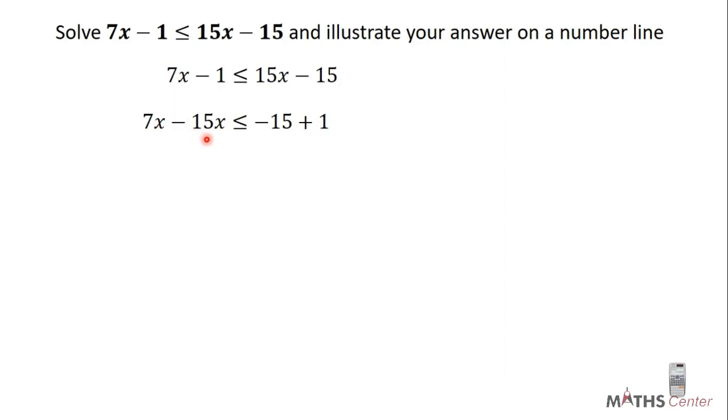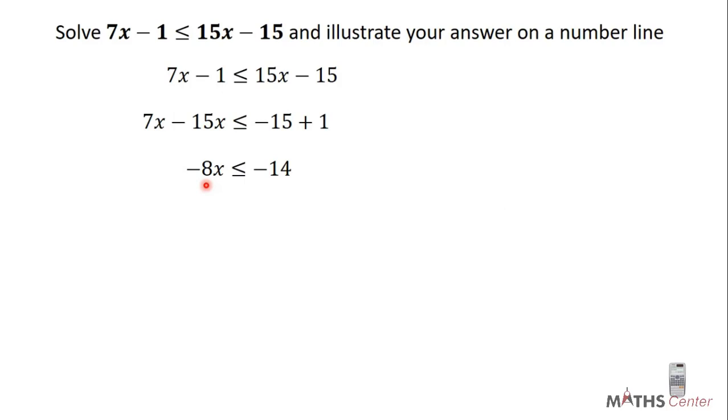7x minus 15x. If you watch the video on addition and subtraction of algebraic expressions, we know that 7x minus 15x is minus 8x. We have less than or equal to. Minus 15 plus 1 is minus 14. From here, we divide through by the number attached to x. The number attached to x is minus 8. So we are going to divide through this inequality by the number minus 8.